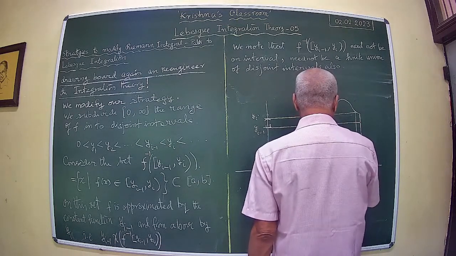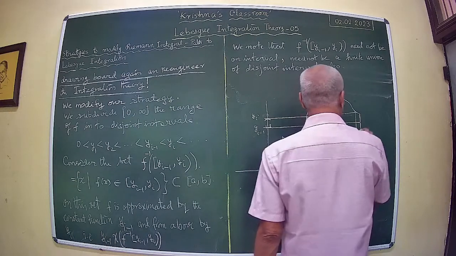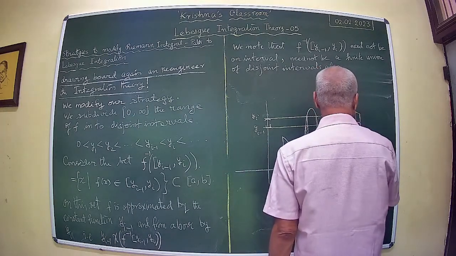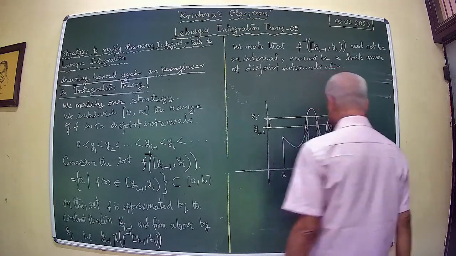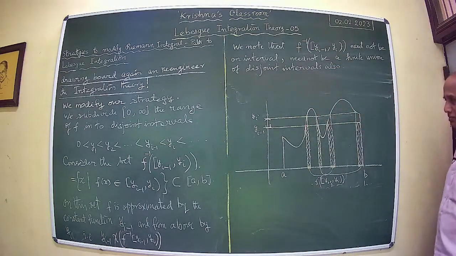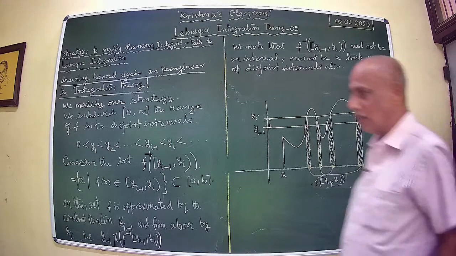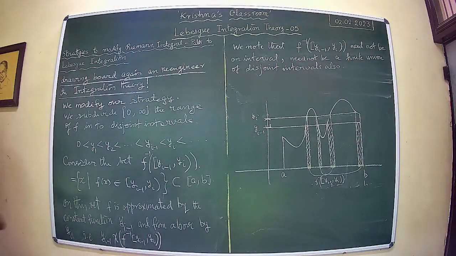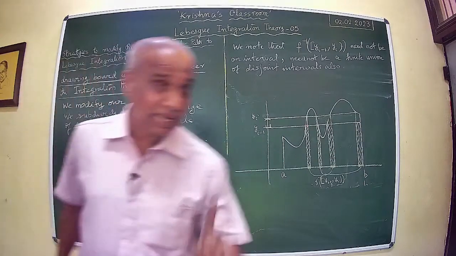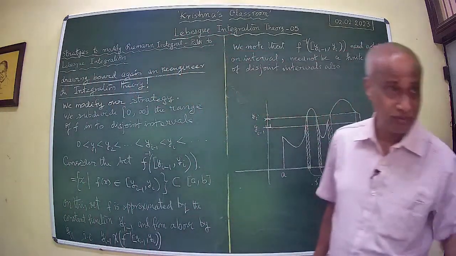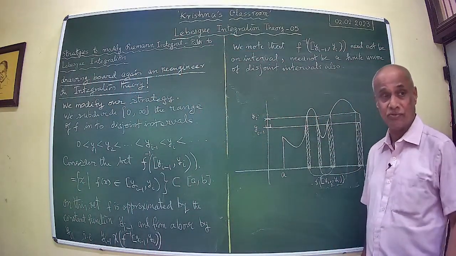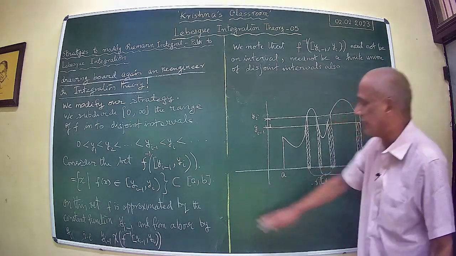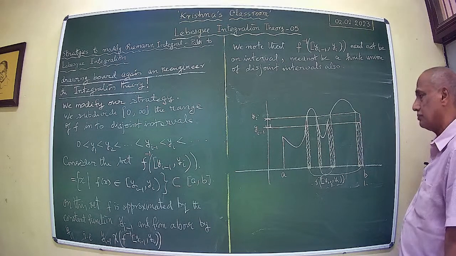So if it is a union of disjoint intervals, well, fine. You can still take the length of the union of two disjoint intervals to be equal to the sum of the lengths of the intervals. But that itself, we have not defined, the length of such sets so far. Maybe we will have to extend it, but there's a way out.